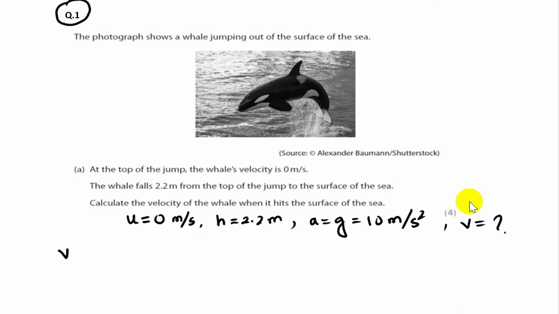So we know v square equals u square plus 2as, but for a free falling object, because the whale falls freely and the initial velocity of the whale is 0, v square equals u square plus 2gh.